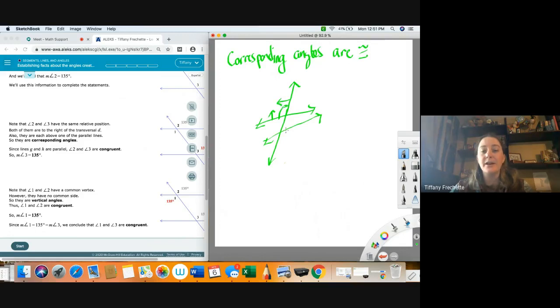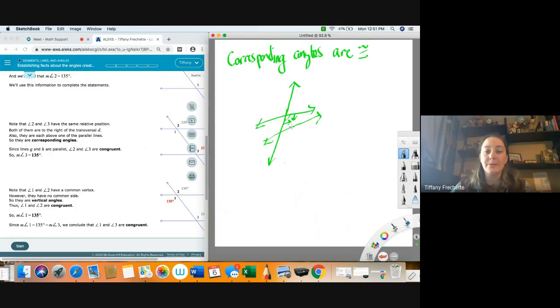So if I go to my other parallel line, I want to look for the angle that's on top of the parallel line and to the left of the transversal. So that's right here. So I can do the same thing, and every angle you choose in this situation has a corresponding angle. So if I choose, let's say this one right here, this is on the bottom of my parallel line and to the right of my transversal.